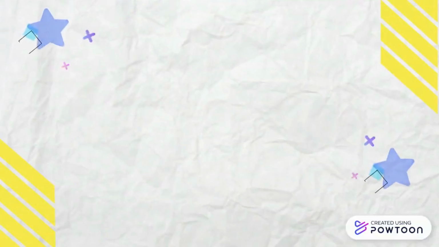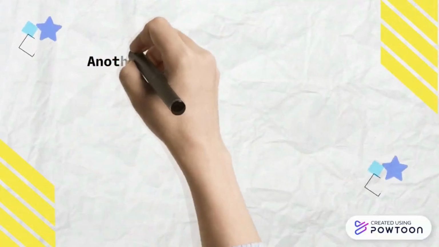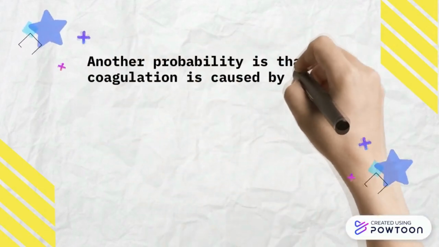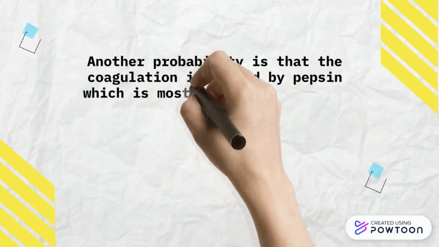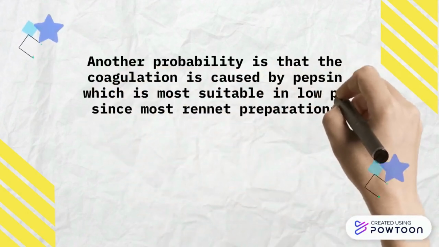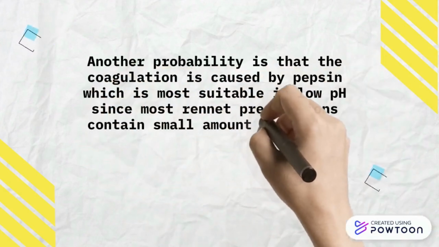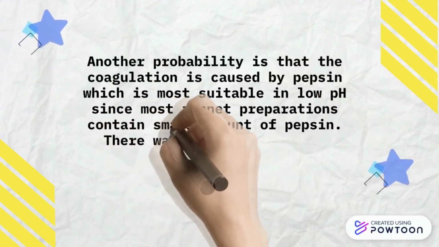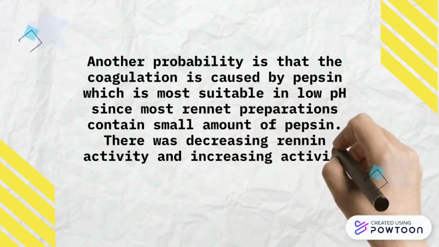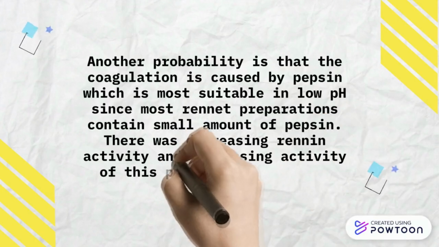That is to say, the coagulation was done by the acidic element, not by rennet. Another possibility is that the coagulation is caused by pepsin, which is more suitable at low pH since most rennet preparations contain small amounts of pepsin. There was decreasing rennet activity and increasing activity of this pepsin as the pH was decreased.